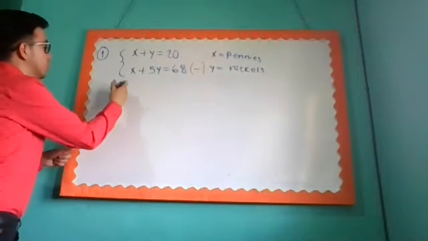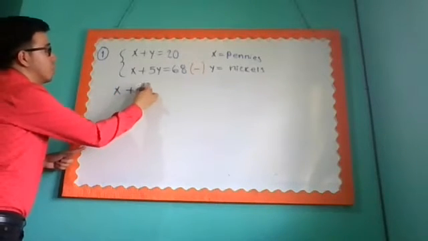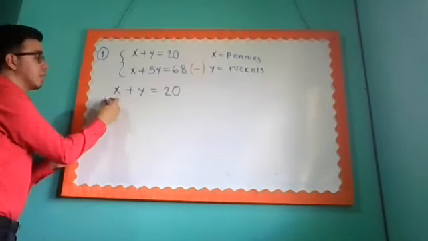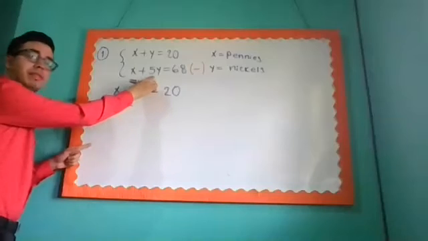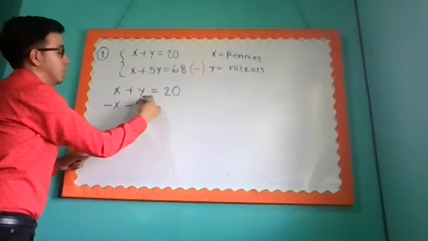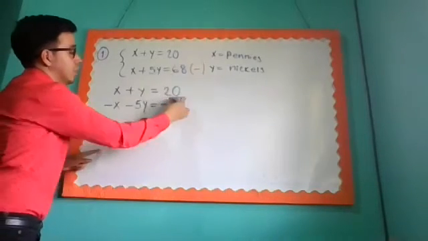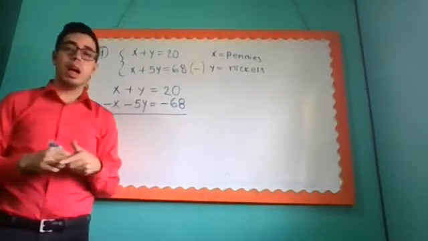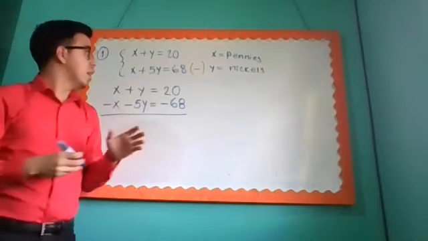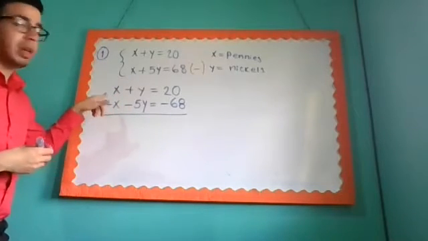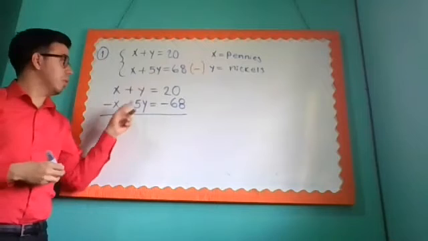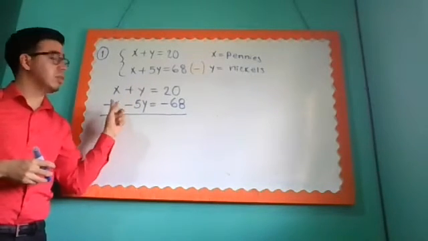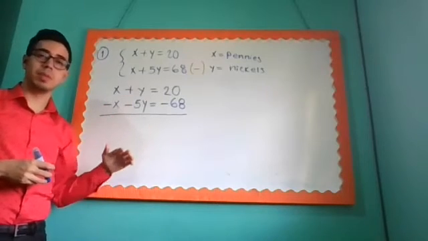So you have x plus y equals 20. And for the second equation, negative x minus 5y equal negative 68. So if I decide to multiply one equation, I need to multiply all the terms, okay? If I only change, for example, x, that is what I need, the exercise is going to be wrong because you are going to find a different value for the other variable, okay? So if we decide to modify, we need to modify the whole equation, okay?